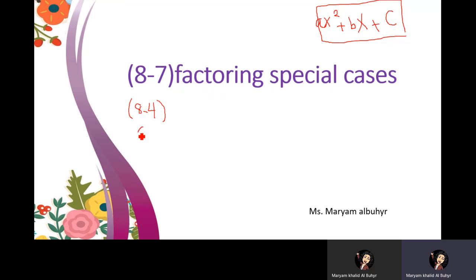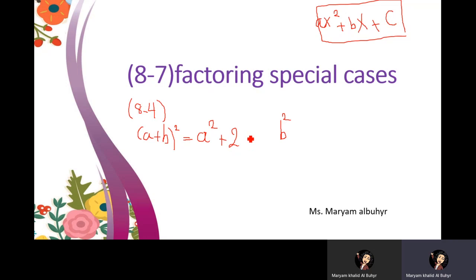Before, I gave you two rules. If I tell you (a + b) to the power 2, you are going to say: a squared, the first number squared, plus the last number squared, plus 2 times the first and second number.